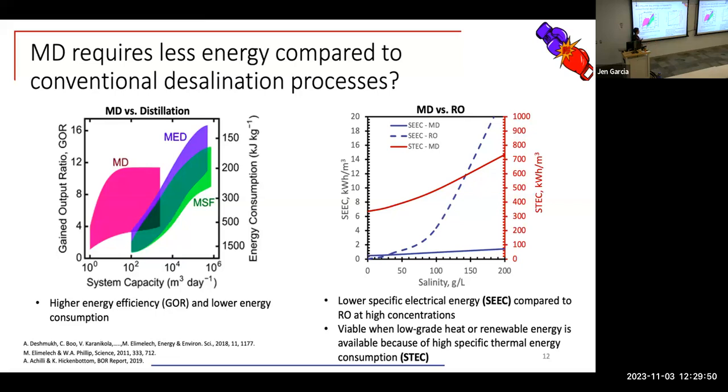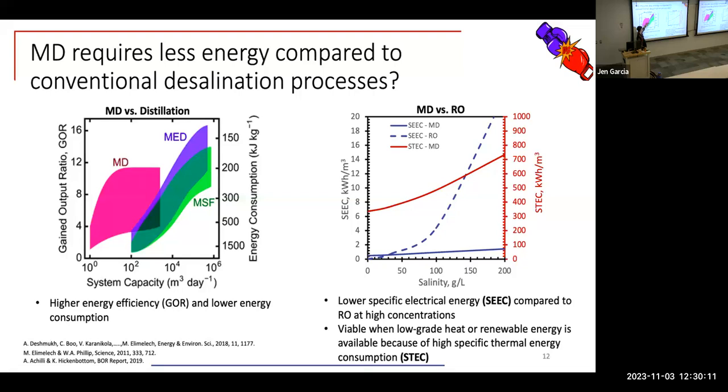So if we're looking at the energy performance of our membrane distillation system compared to conventional thermal desalination systems, such as multi-effect distillation and multi-stage flash distillation, we can see that our system has a sweet spot at these smaller system capacities, right?